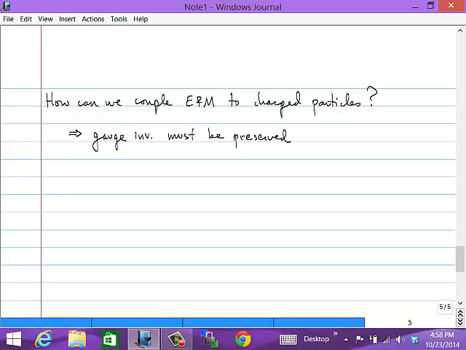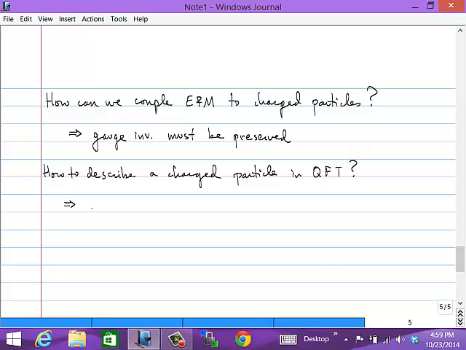So the question then is, how should we describe a charged particle in quantum field theory? So the first thing that we know is that if you have some sort of charged particle, then you have a field associated with it.